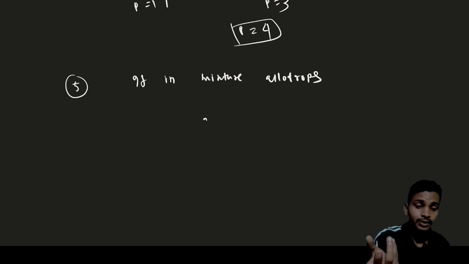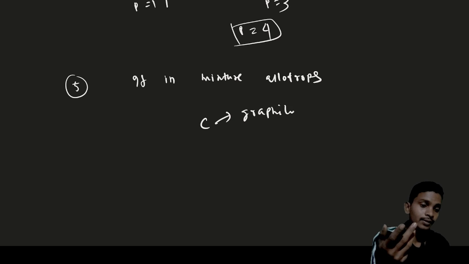Let's say in a mixture, carbon has allotropes, that is graphite, diamond and C60.